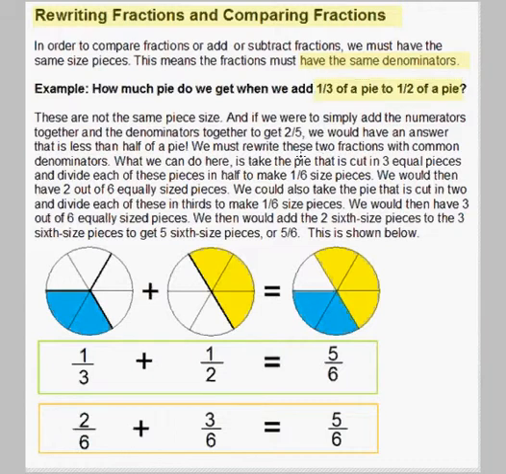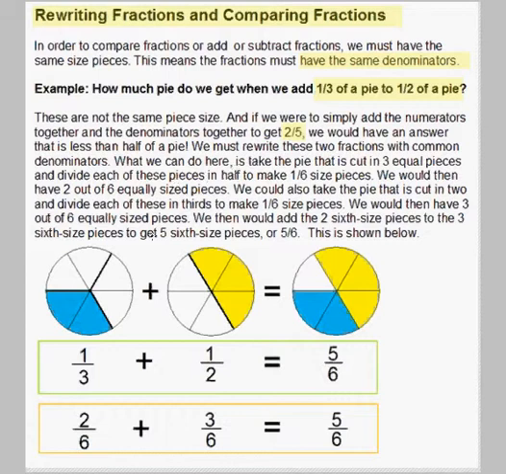Well, if we just add the numerators together to get 1 plus 1 equal 2, and add the denominators together to get 3 plus 2 equals 5, we get 2/5. Well, 2/5 is less than half of a pie. How can you add 1/3 of a pie to half of a pie and end up with less than half of a pie? You can't do it. You can't just add the numerators and add the denominators.